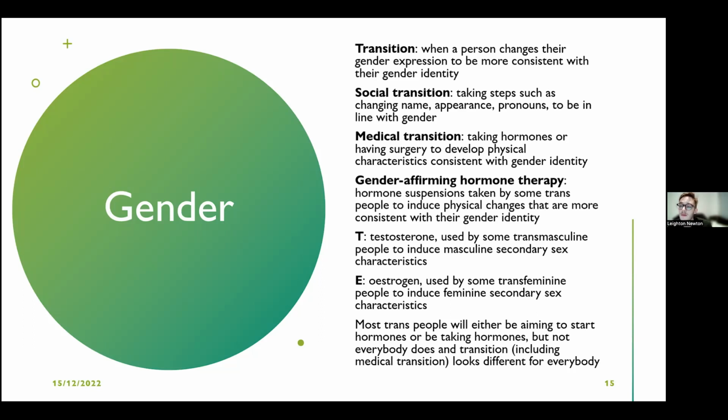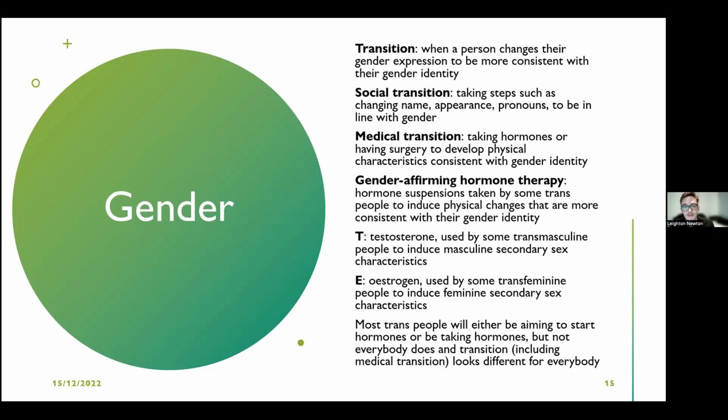And then we've got a medical transition. So that's when people start taking hormones or have surgery to develop physical characteristics and a sense of internal well-being that's consistent with their gender identity. On the topic of medical transition, gender-affirming hormone therapy is the catch-all term for taking hormones.